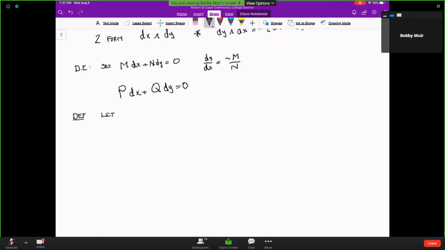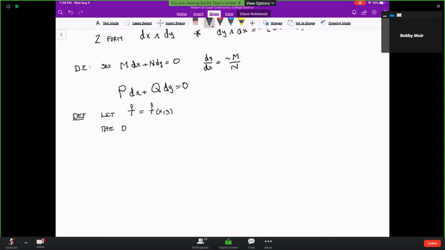Let F be a function of two variables, x and y.